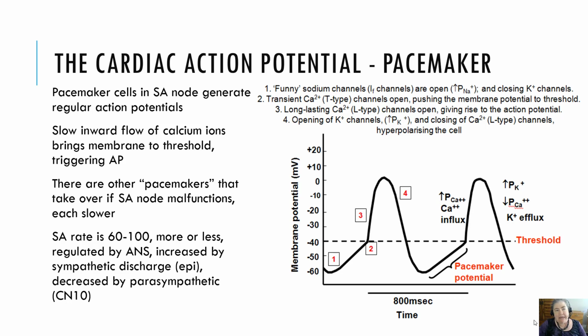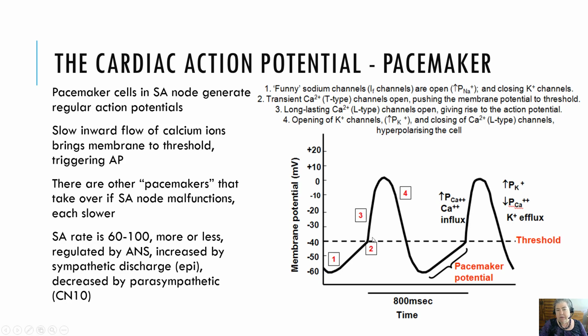So in a pacemaker cell, which is a specialized cardiac muscle cell, cardiac myocyte, there are calcium channels that kind of have a leak that allow the influx of calcium, bringing the membrane potential to threshold slowly, always.